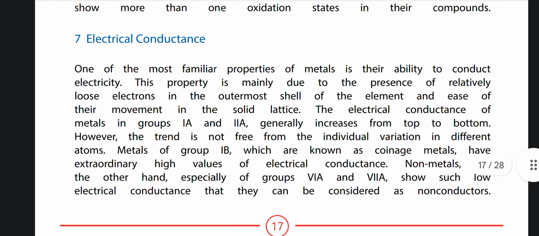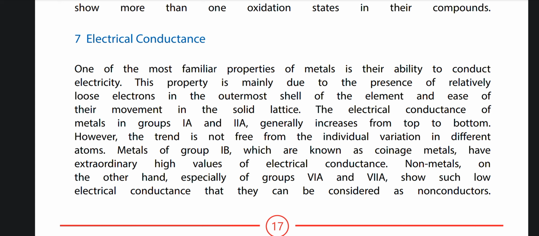Number 7, electrical conductance. One of the most familiar properties of metals is their ability to conduct electricity. This property is mainly due to the presence of relatively loose electrons in the outermost shell of the element and the ease of their movement in the solid lattice. The electric conductance of metals in groups 1A and 2A generally increases from top to bottom.